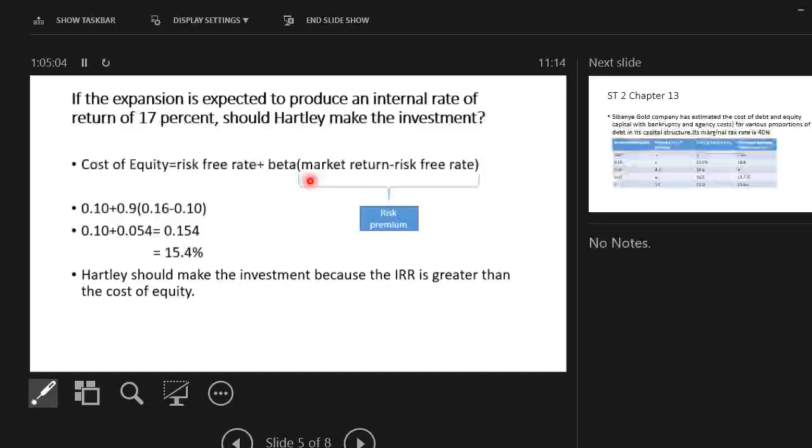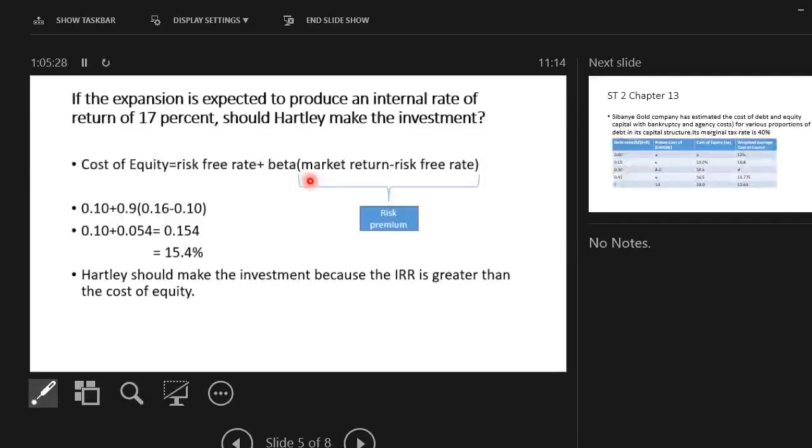For those looking at the board or the screen, you already got a hint. All right. So remember the NPV. We said with the NPV, if it's a positive NPV, we accept the investment or the project.